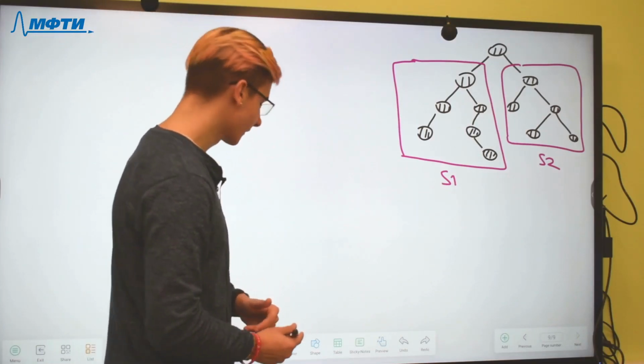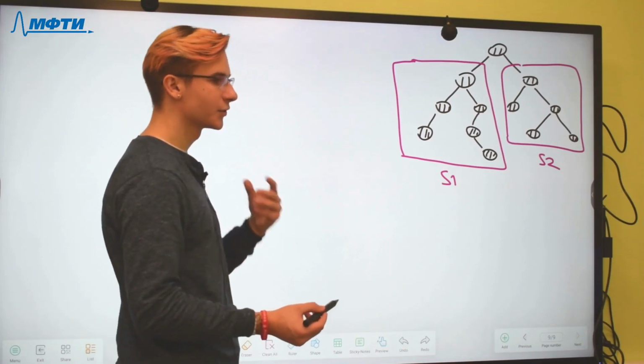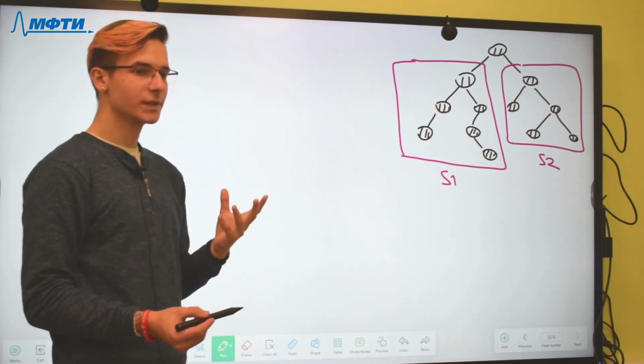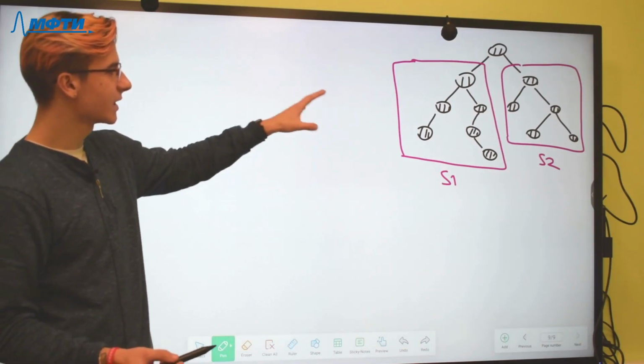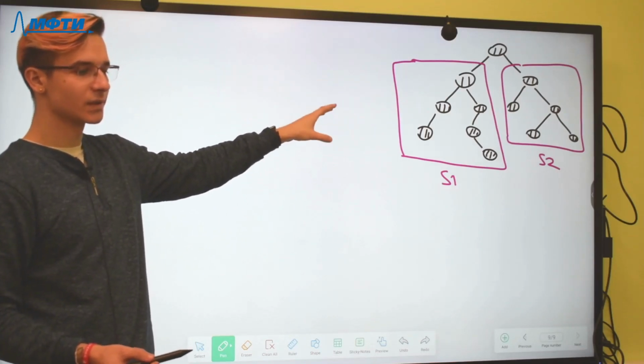We can say that there are two distinct cases of independent sets in the subtrees.